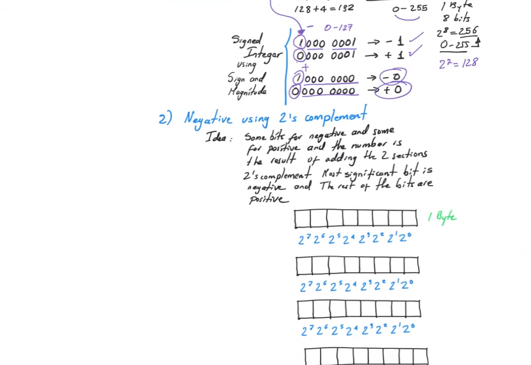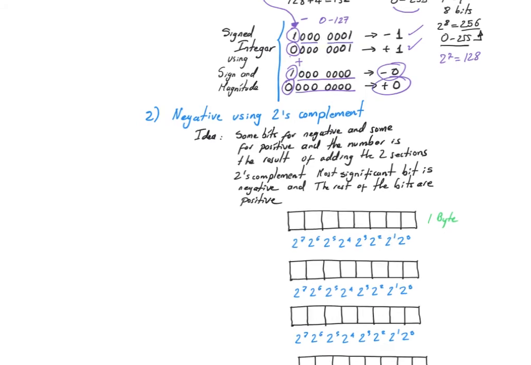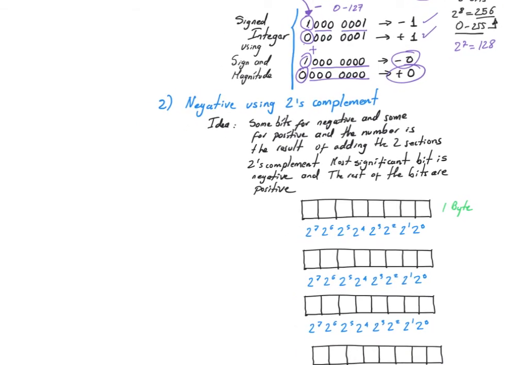So we use now the 2's complement, which is a better approach. So the whole idea about this was to use some bits for negative numbers and some bits for positive numbers, and then the result would be adding the result of those two sections, right?